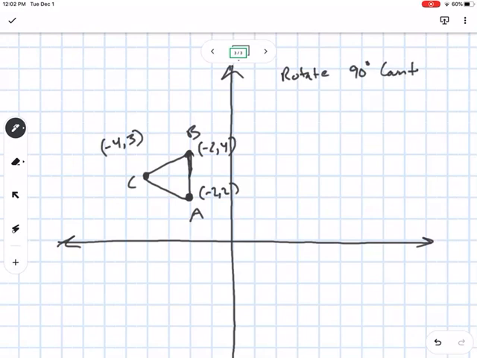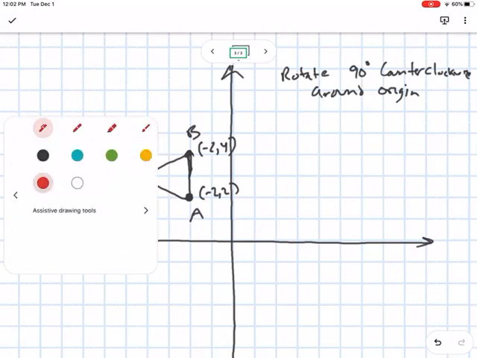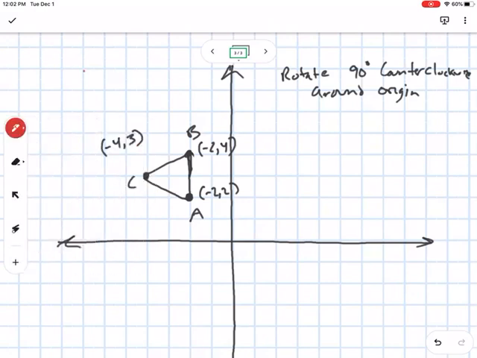Let's say counterclockwise, just so you can see another example, around the origin. So point A is in quadrant 2. If we're going counterclockwise, that's going to go in that direction. And so we know point A is going to end up in quadrant 3.